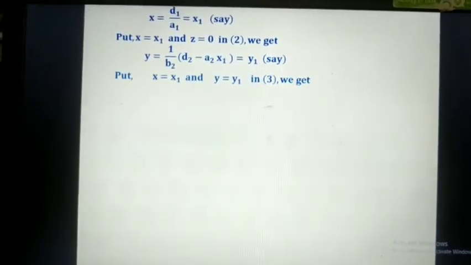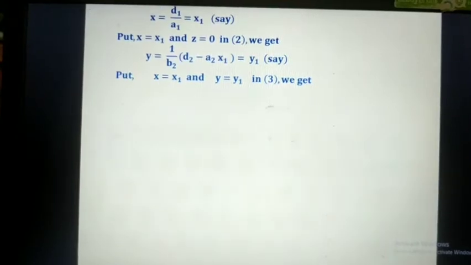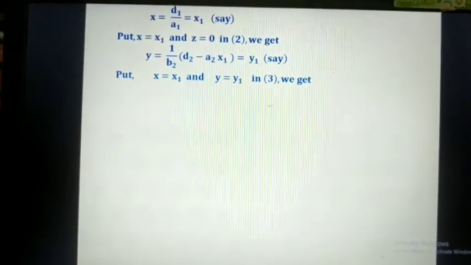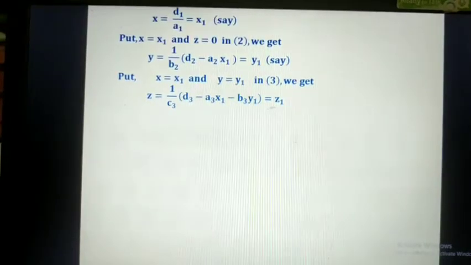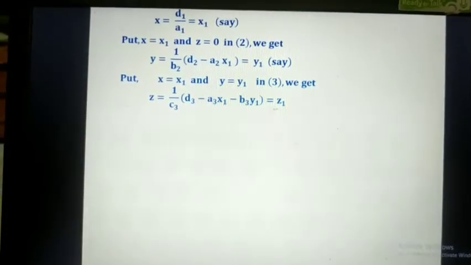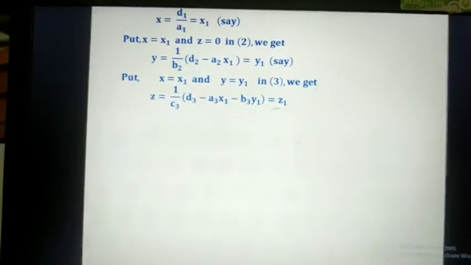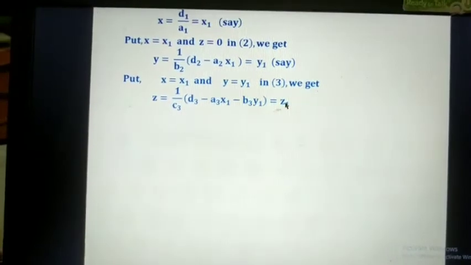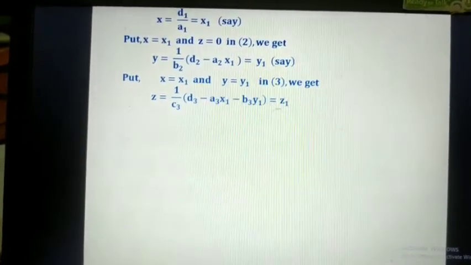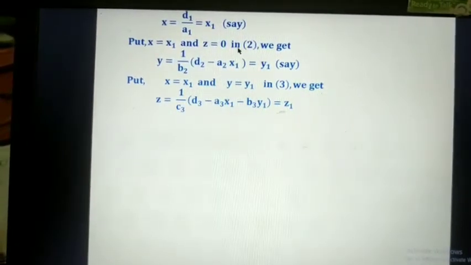Next, put x equal to x1 and y equal to y1 in equation number 3. We get z is equal to 1 divided by c3 into bracket d3 minus a3x1 minus b3y1. Call this z1. So x1, y1, z1 are the first approximate roots of the given simultaneous linear equations, or first iterative roots.